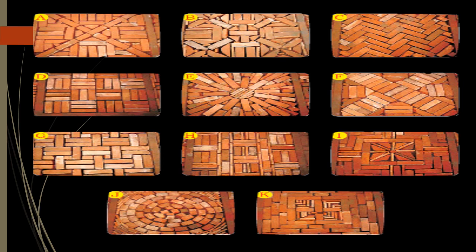Look at pattern number A, like this way it is getting closed, then bricks are put horizontal and vertical. Now look here, again a cross, like the symbol of plus.